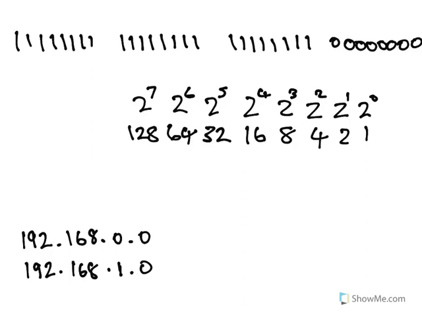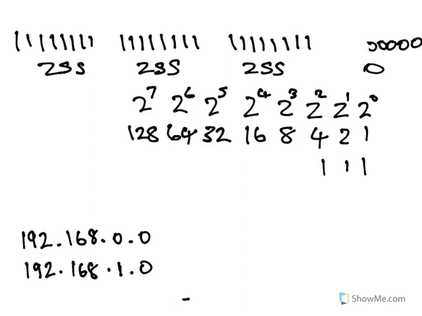Now, if you remember when we subnetted, take an example of a class C network again, where the default subnet mask is 255.255.255.0. When we subnetted, we looked at your default subnet mask, worked out in the table how many bits we needed, and took those bits and put them up here.